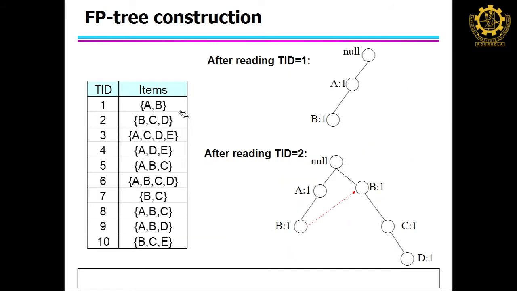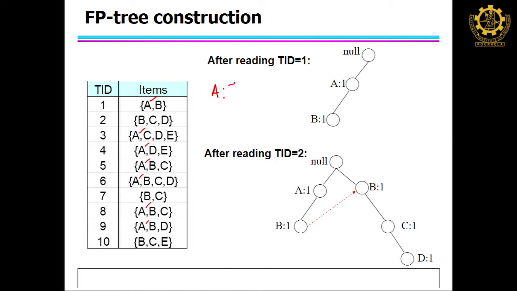Now, what do we do first? We have to find the count for each item. So, you start counting the cardinality of item A: this is 1, 2, 3, 4, 5, 6, 7.